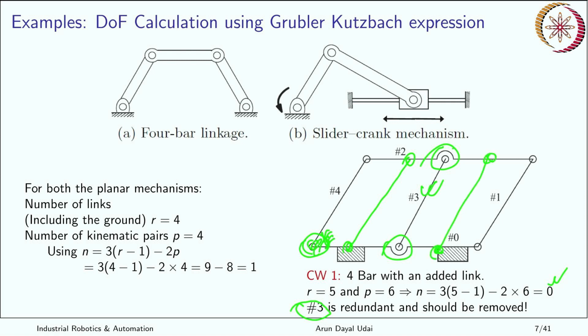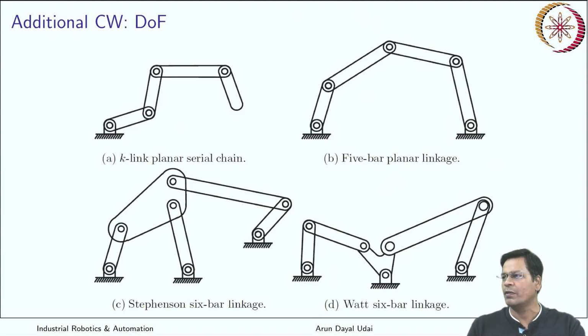That doesn't mean all of them together should be included while calculating degrees of freedom. So mind it, you have to remove any such support, any duplicate links which perform no function apart from some support. Okay, now let us do some exercise further on this.